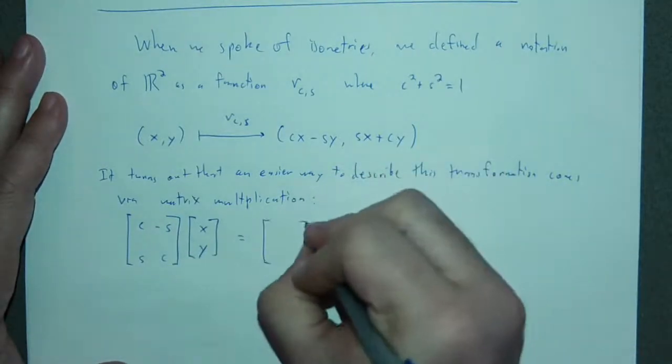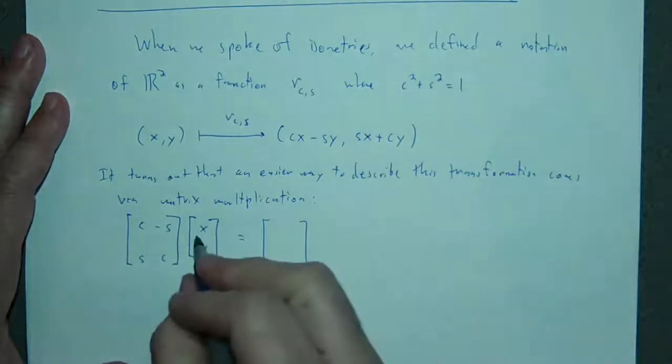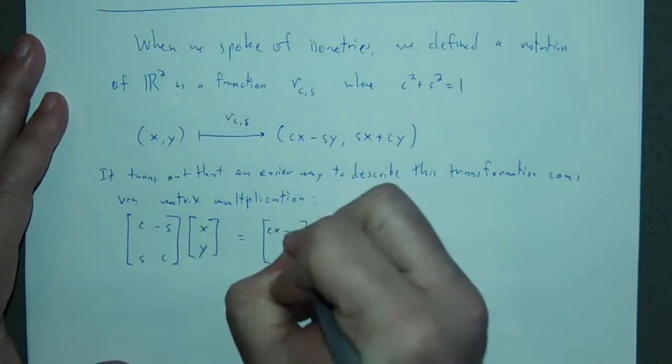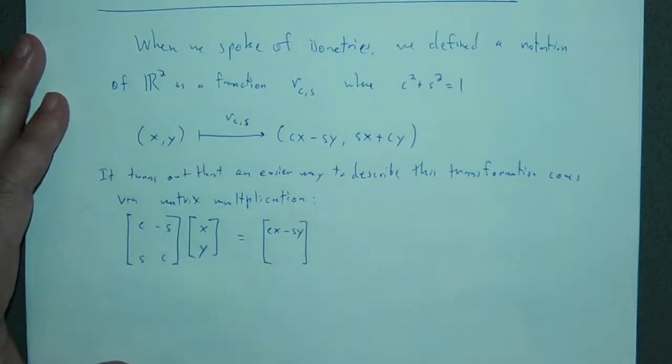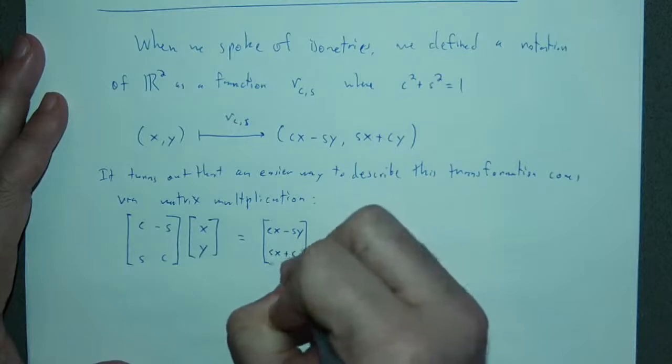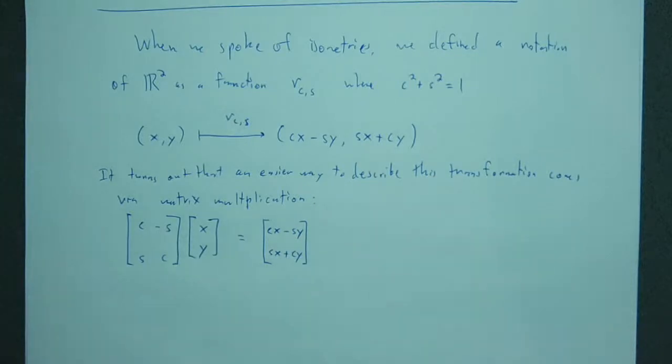Well, I get a column vector with 2 entries. In the first slot, this is Cx minus Sy. And in the second slot, this is Sx plus Cy. And that comes directly via matrix multiplication.